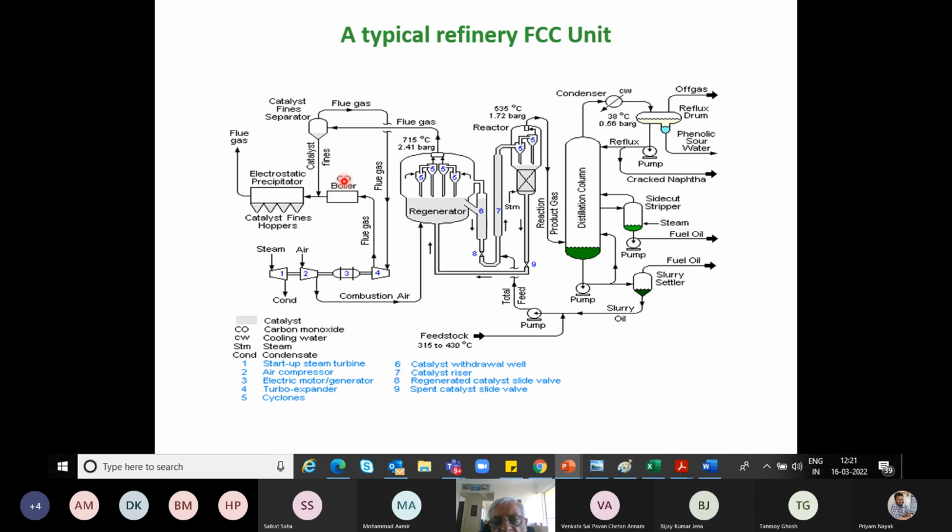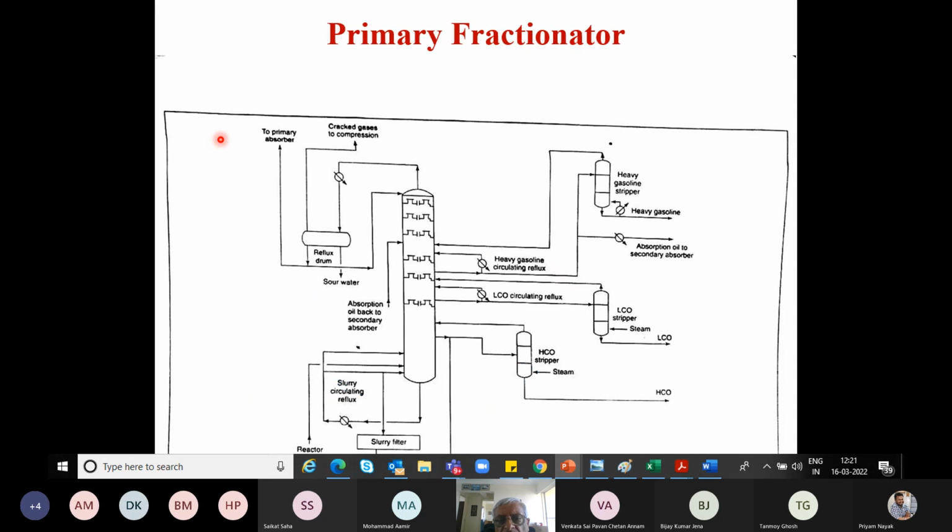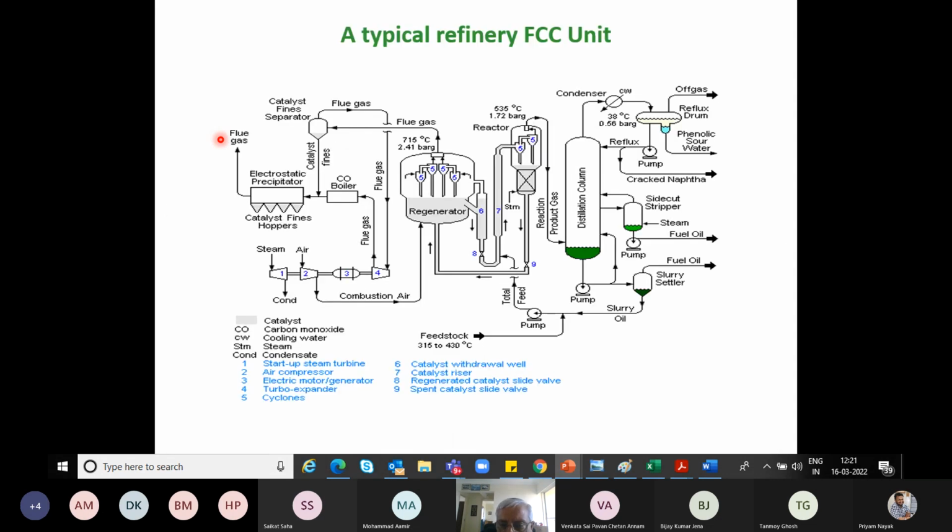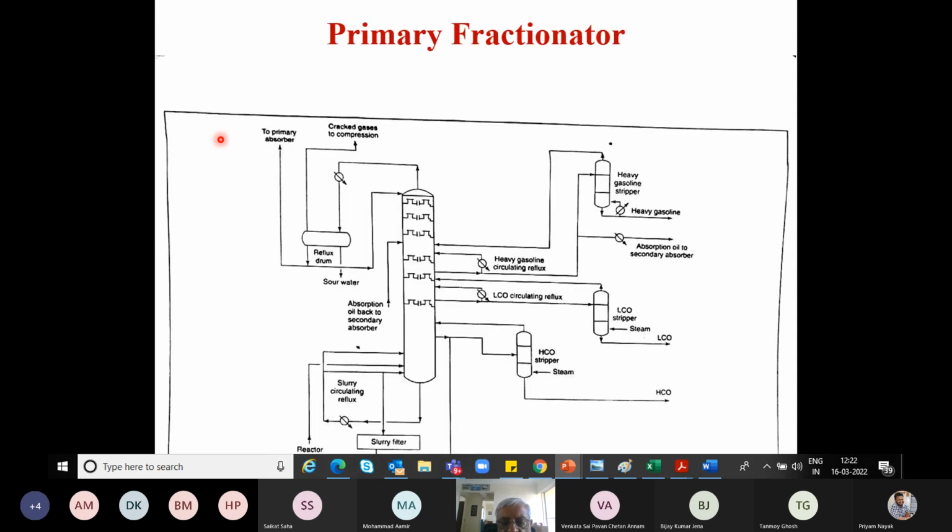If there is CO, it burns the CO and produces steam, and that steam is then used elsewhere, while the gases are further scrubbed or go through an electrostatic precipitator to remove catalyst fines as well as sulfur dioxide.